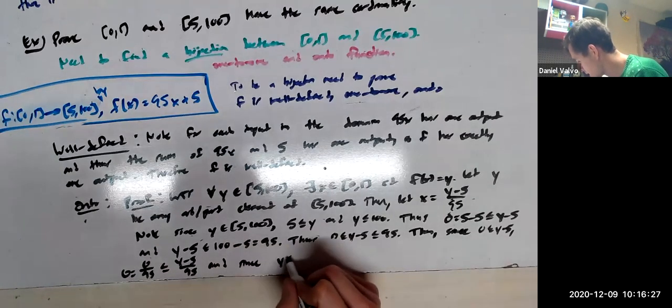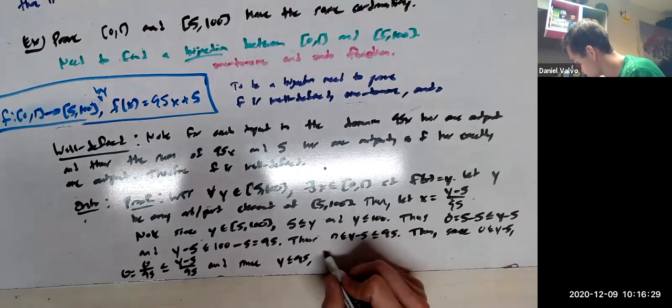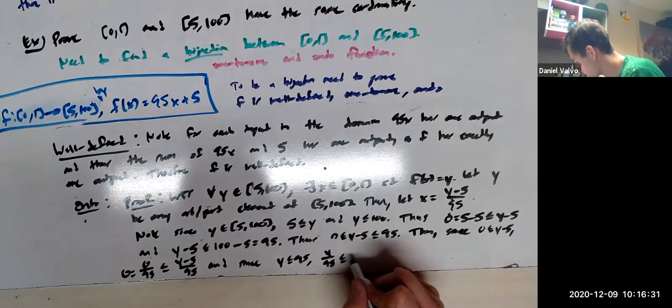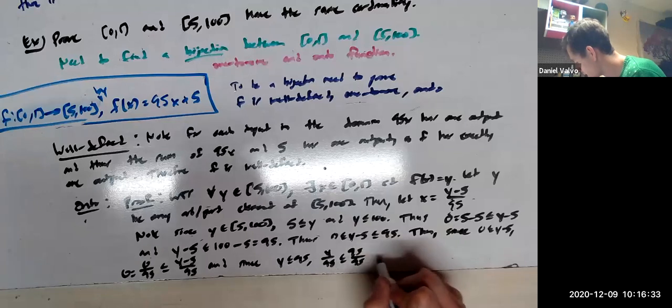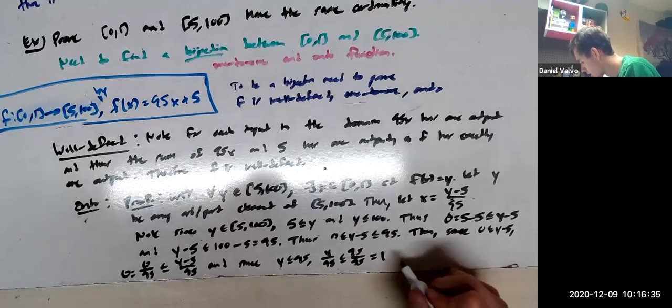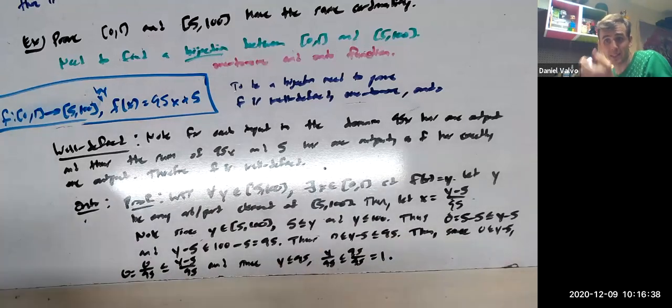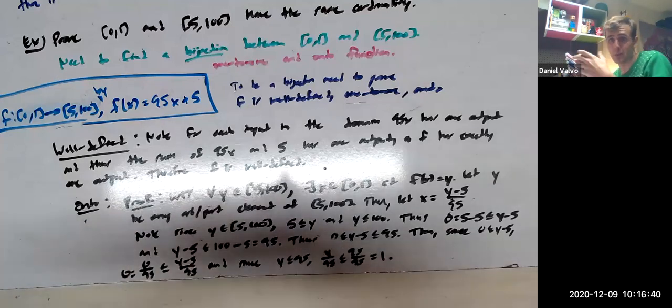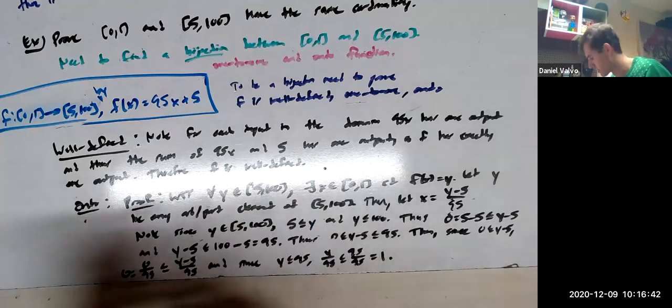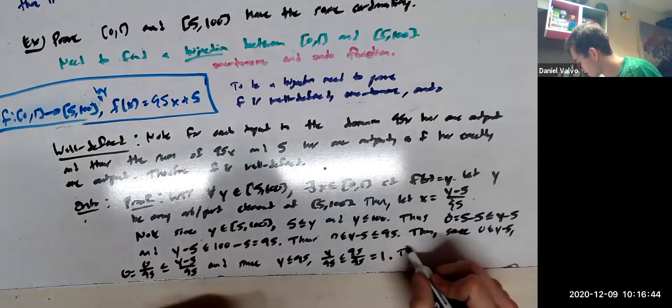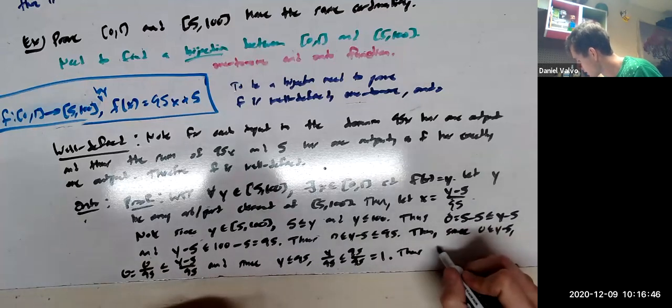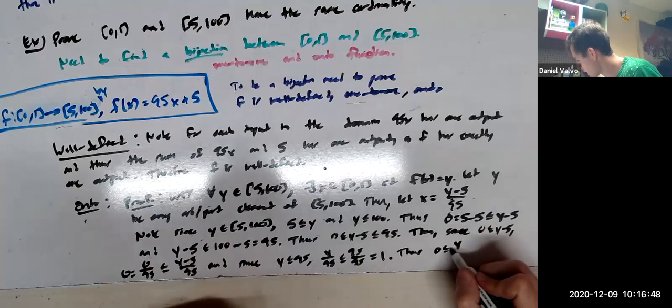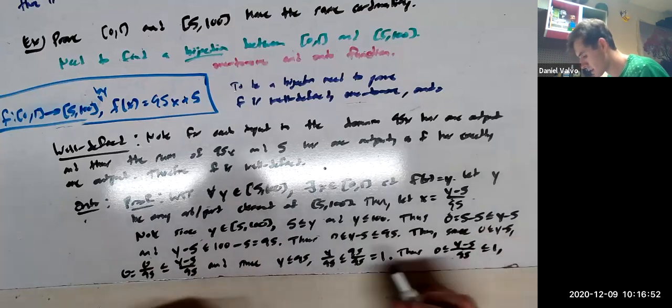And since y minus 5 is less than or equal to 95, y minus 5 over 95 is less than or equal to 95 over 95, which equals 1, by dividing both sides by 95 again. And since 95 is positive, you divide by a positive number, you don't have to change the signs or anything like that. Thus, 0 less than or equal to y minus 5 over 95 less than or equal to 1.